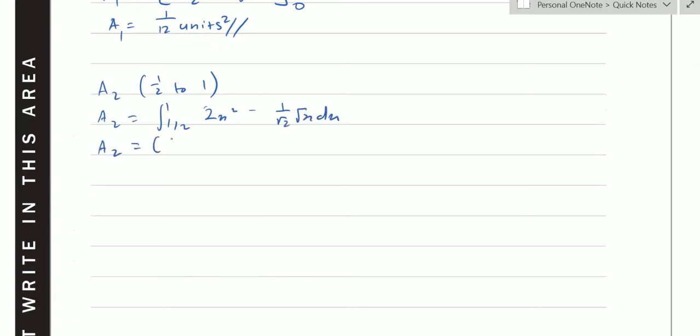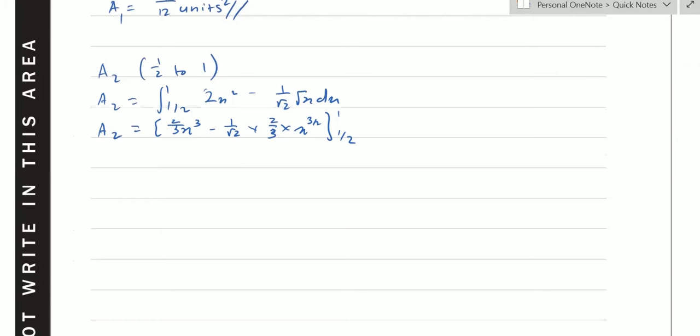And that is 2/3 x to the power 3 minus 1 on root 2 times 2 on 3 times x to the power 3 on 2 from 1/2 to 1. And if we simplify that, we get (9 minus 4 root 2) on 12 units squared.